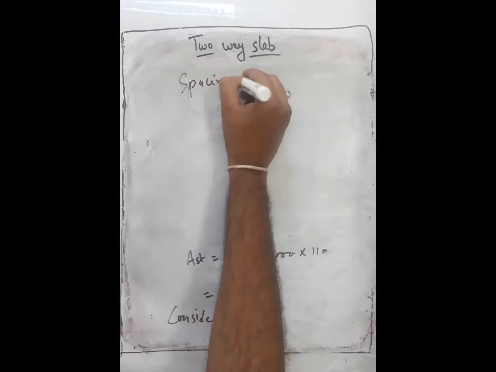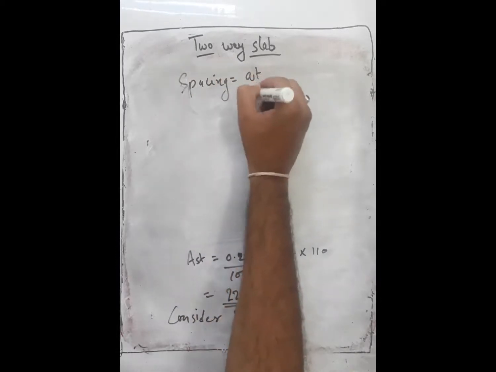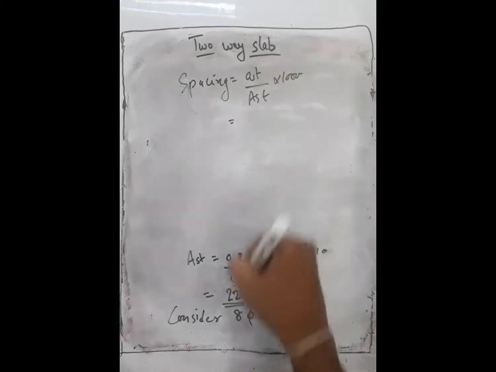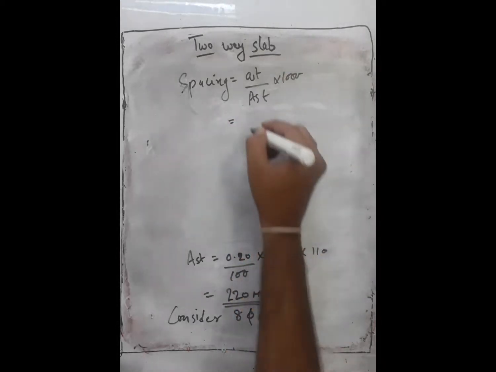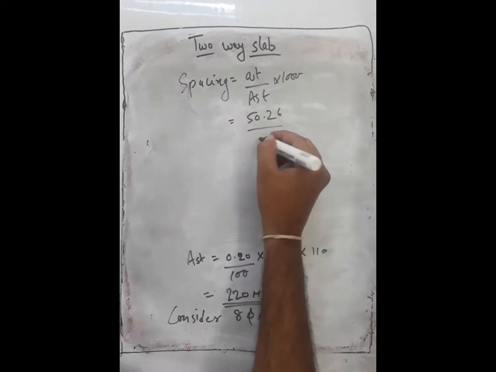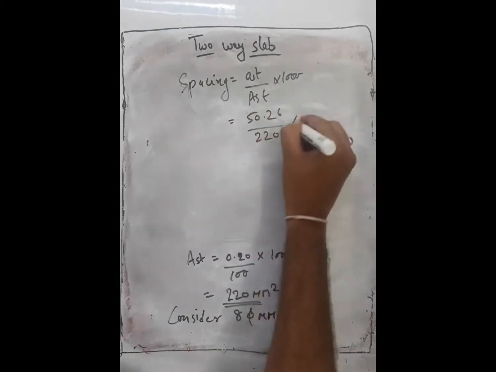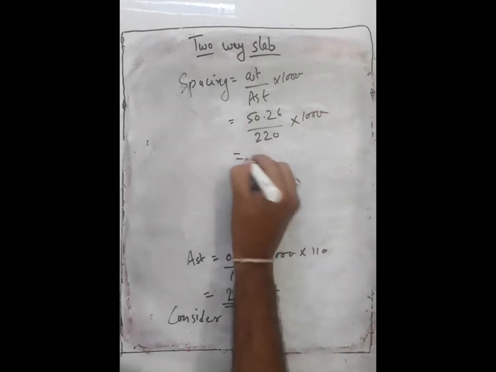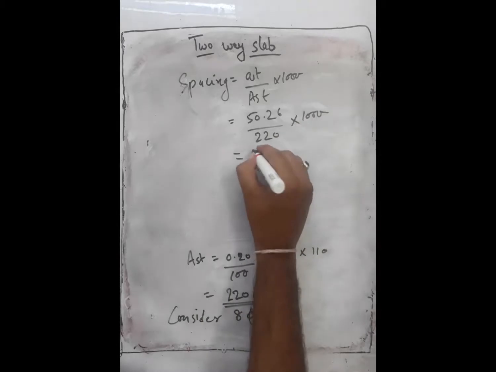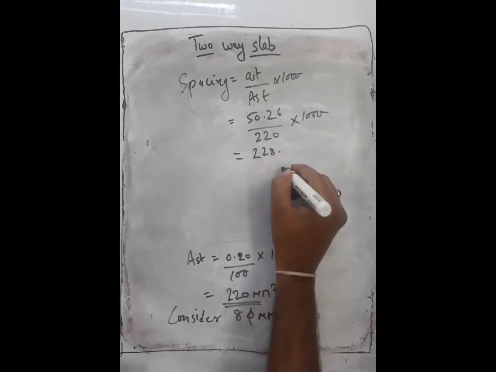So spacing is equal to small AST divided by capital AST into 1000. So for 8 mm dia, small AST is 50.26 divided by capital AST, so 220 into 1000. So here we get spacing is equal to 228.45 mm.